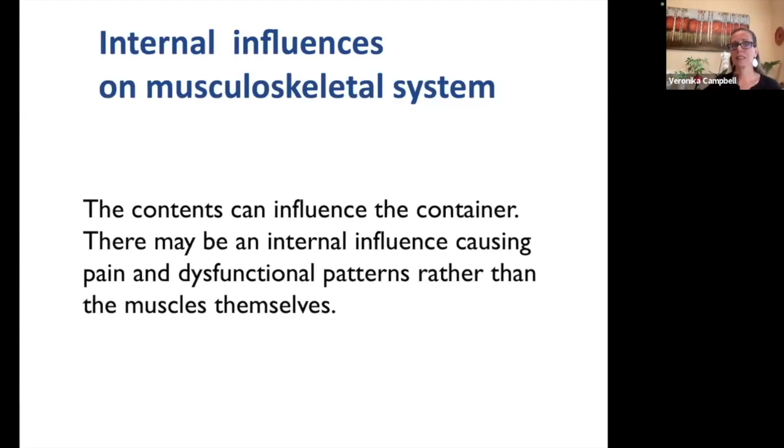And how this possible internal contents could be adding to, and not just causing, but adding to pain and dysfunction in the musculoskeletal system. So what do I mean by that? I mean, if you have, say, right shoulder pain, and you have a history of many, many gallbladder attacks, every time you had a gallbladder attack, you started to posture and protect.